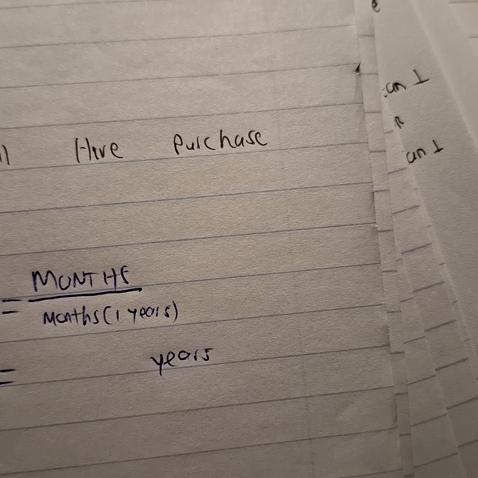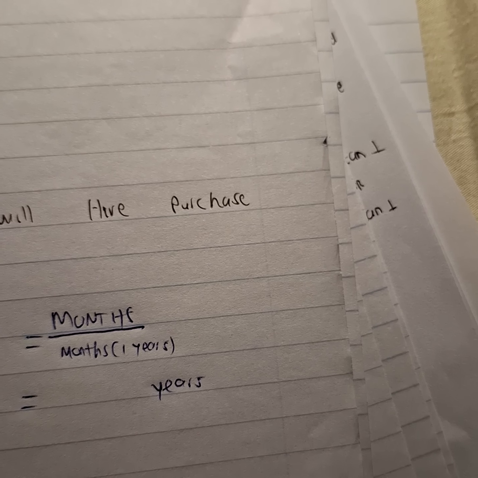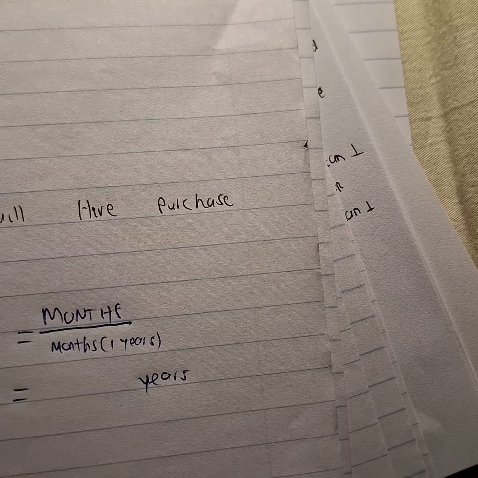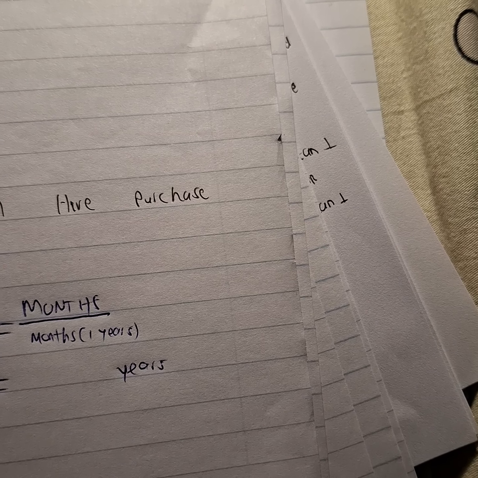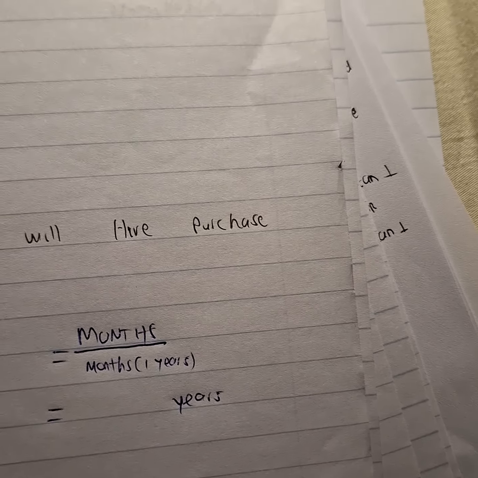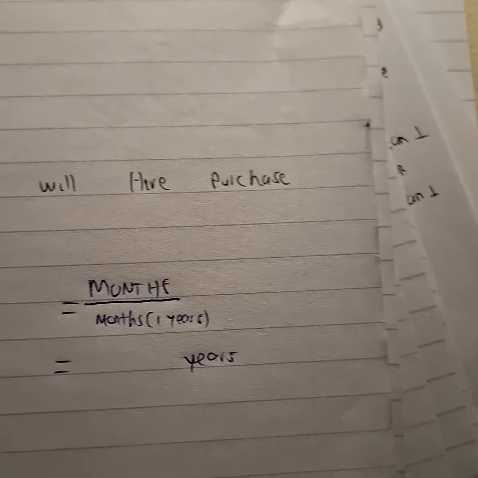Then you just simply grab your sweet calculator, right? Because what I want to do is be able to give you that exact amount. But I think you can also grab your calculator.